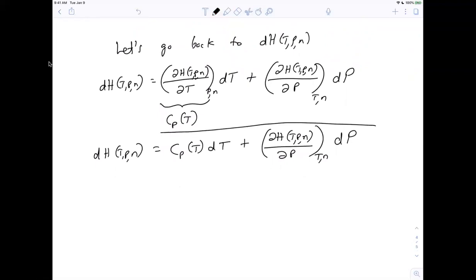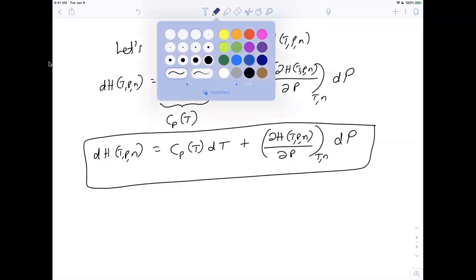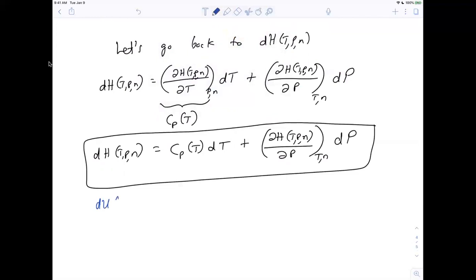This is where we are so far. And you'll remember this is exactly, by analogy, what we arrived at for U. Let me refresh your memory about that analogy. In that case we had Cv of T dT plus the partial of U with respect to volume, at constant T and N, times dV.